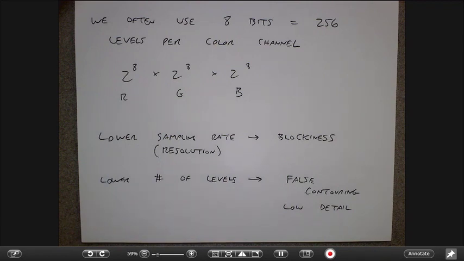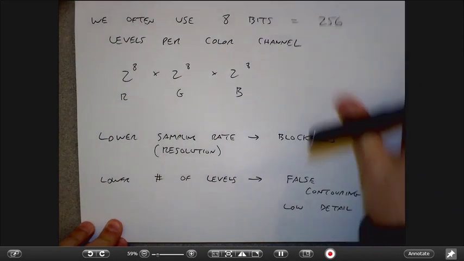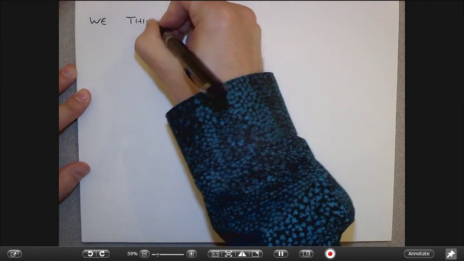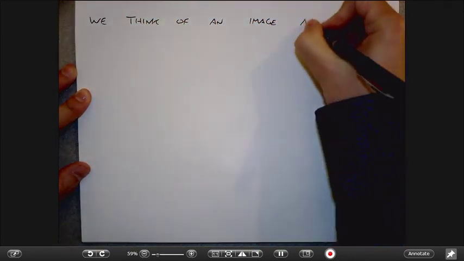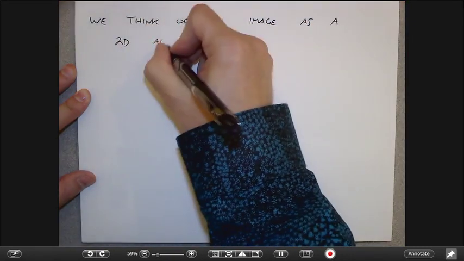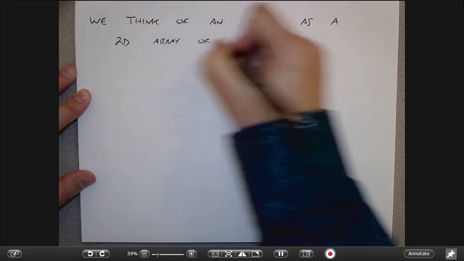Okay, so let me just say a few words about, I think I mentioned this last time, but it's a good place to say it again now that we've talked about how images are formed. Most of the time in this class, we think of an image as a 2D array of numbers.